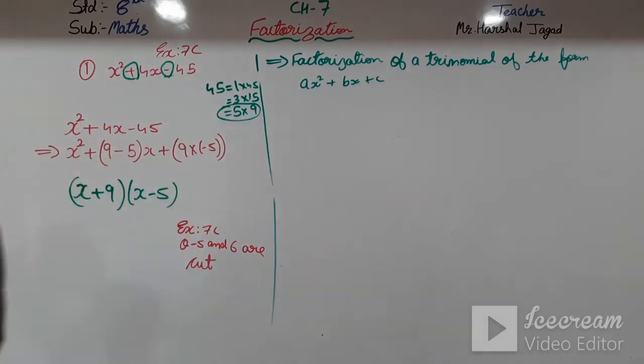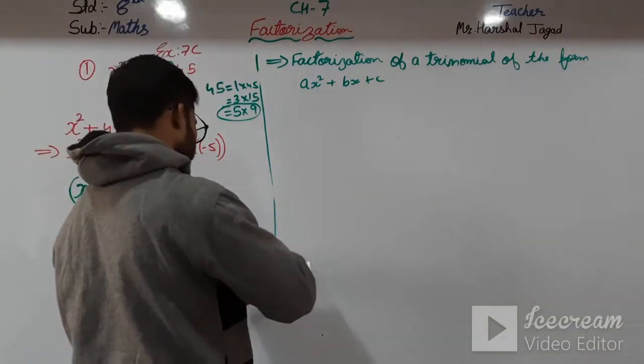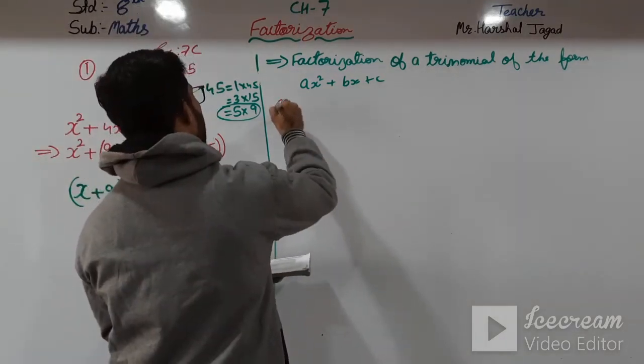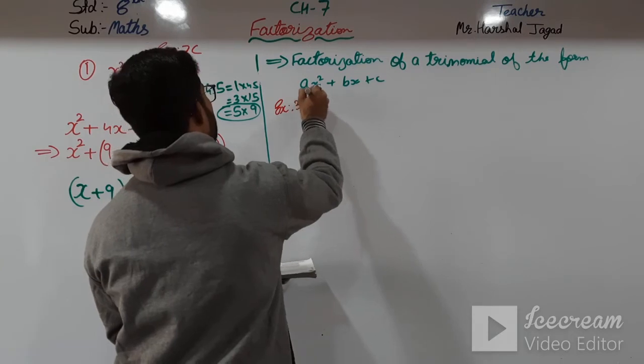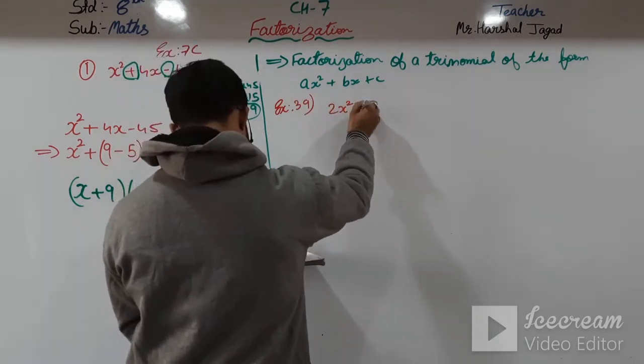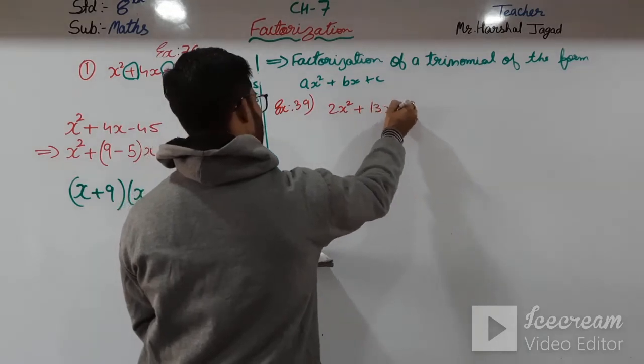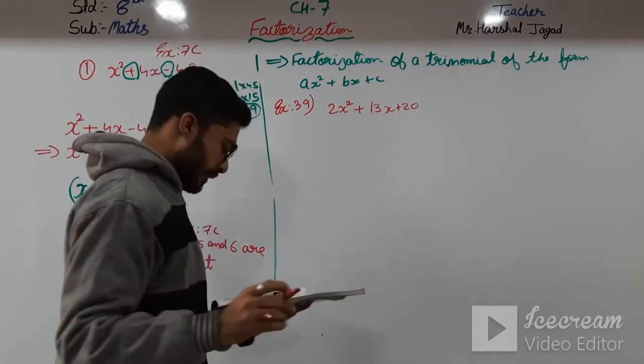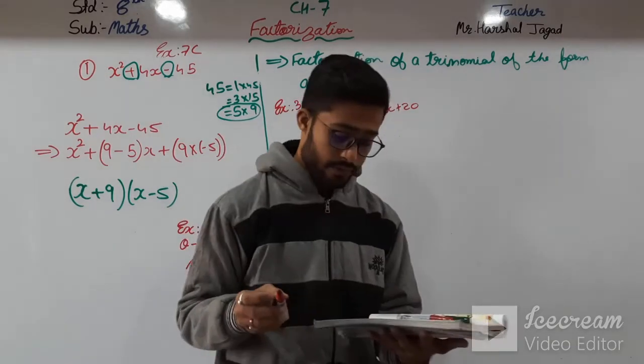Okay, ax square plus bx plus c. So for that there is an example given here. You can see that is example number 39 that I am just writing over here. Example number 39, that is factorize 2x square plus 13x plus 20. So it is given. So how will we solve this?